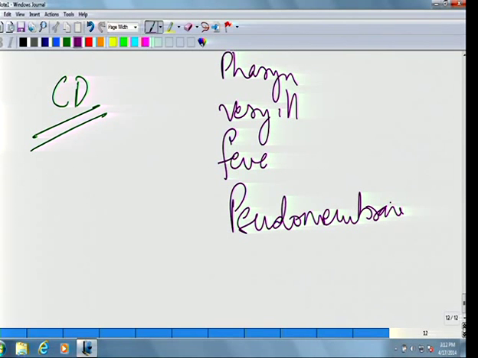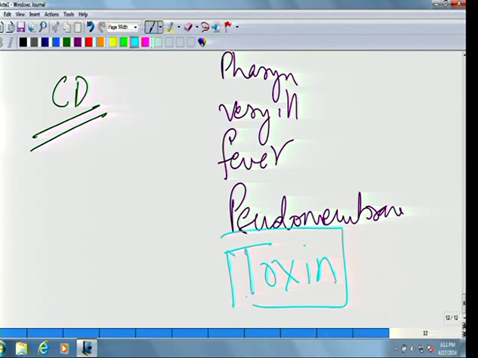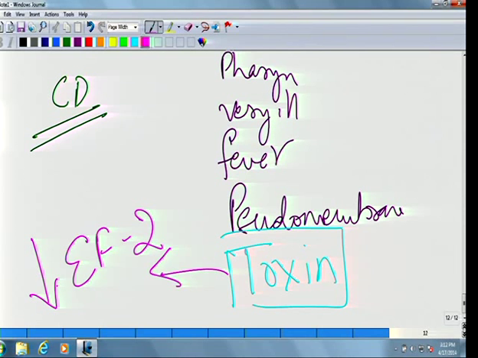What is the most important virulence factor? The toxin. What's the action of the toxin? It inhibits elongation factor 2. Which other toxin resembles this toxin? The Pseudomonas toxin.